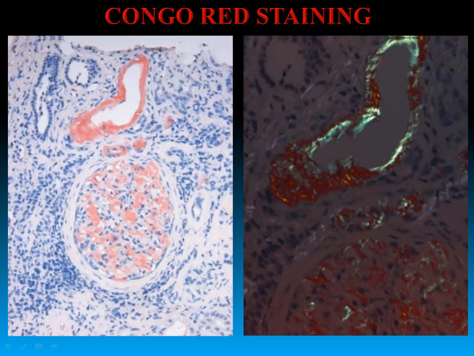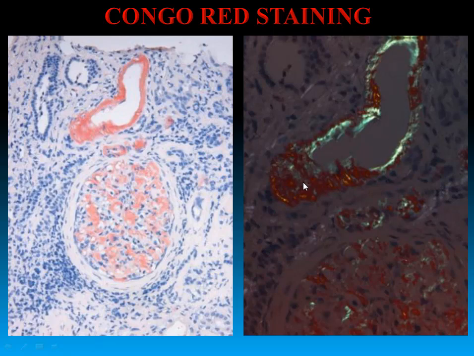Specific method of staining for amyloids is Congo red staining. In light microscopy we can see accumulation of reddish-orange deposits in the wall of blood vessels and in the mesangial space of glomeruli. Also, sometimes we can see amyloid deposits between convoluted tubules in the stroma.